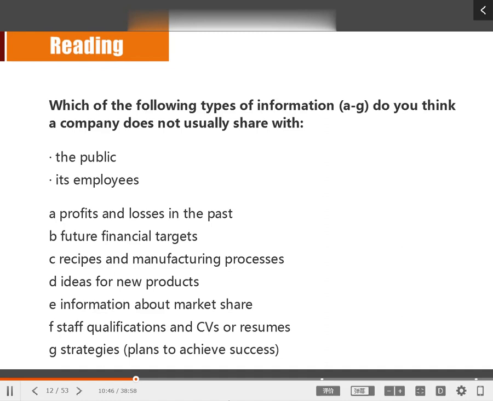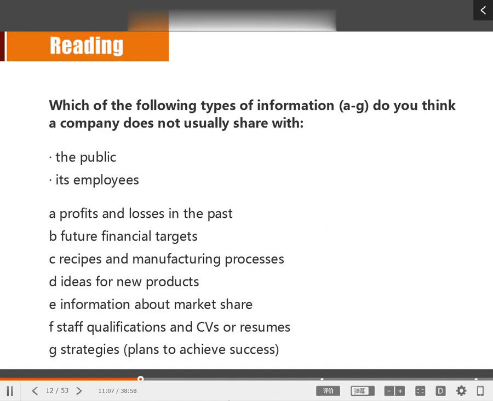Say profits and losses in the past, future financial targets, recipes and manufacturing processes, ideas for new products, information about market share, staff qualifications and CVs or resumes, strategies.